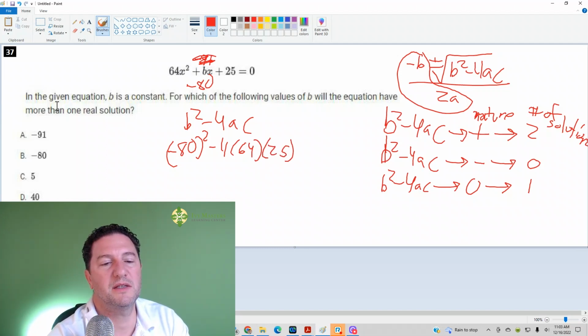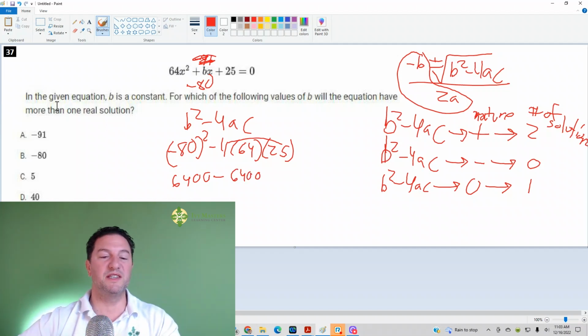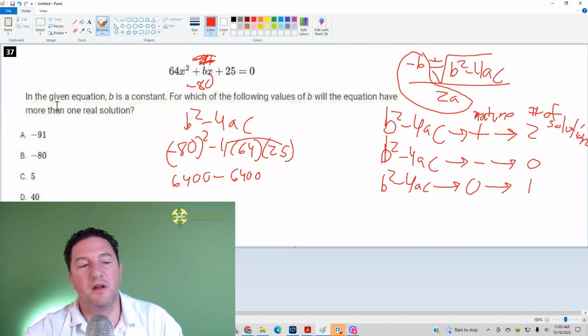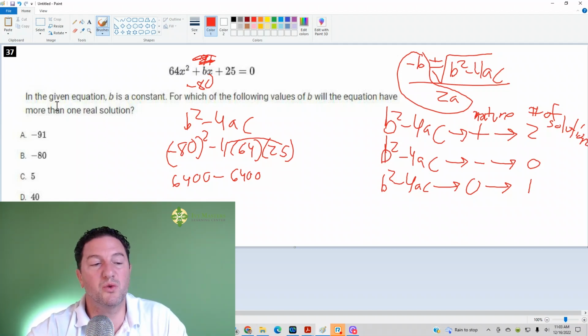And 8 times 8 is 64. This is going to be 6,400 minus 4 times 25, which is 100, times 64, again 6,400. That difference is going to give you 0. And we said when b squared minus 4ac is 0, then there's one solution.